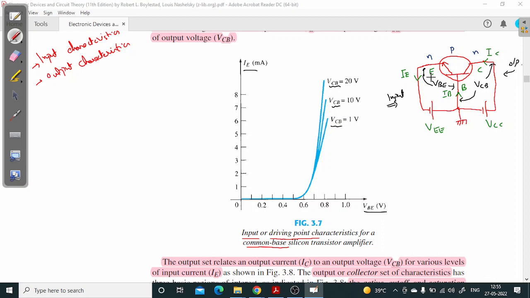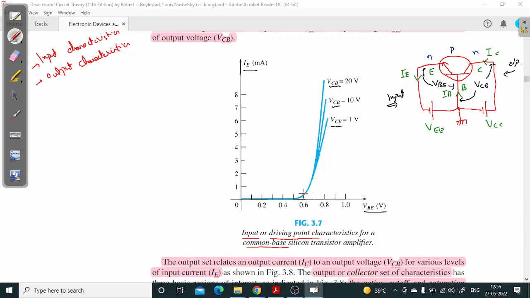It is actually a PN junction, which is forward biased because of VEE. So when we are plotting input current versus input voltage for this input junction, which is forward biased, we can guess that the characteristic curve will be similar to that of a forward biased diode, right? And that is why you see this type of characteristic curve.